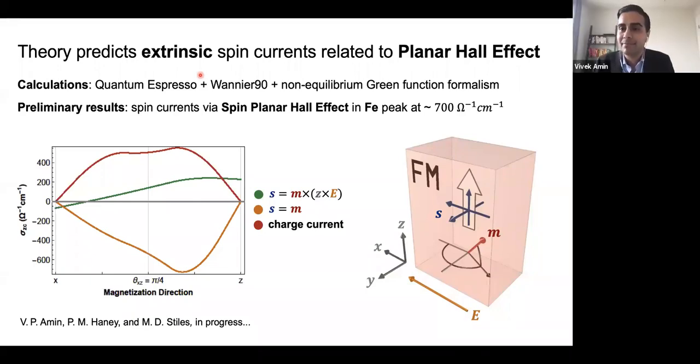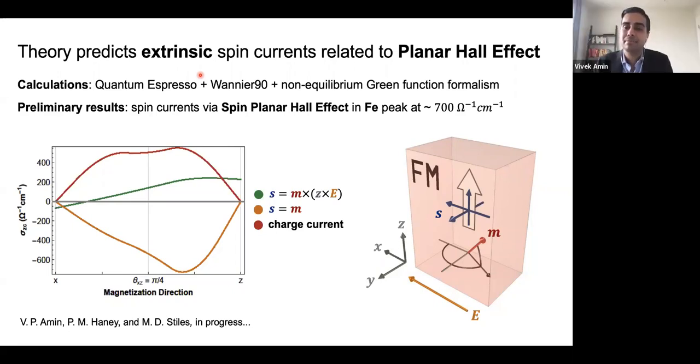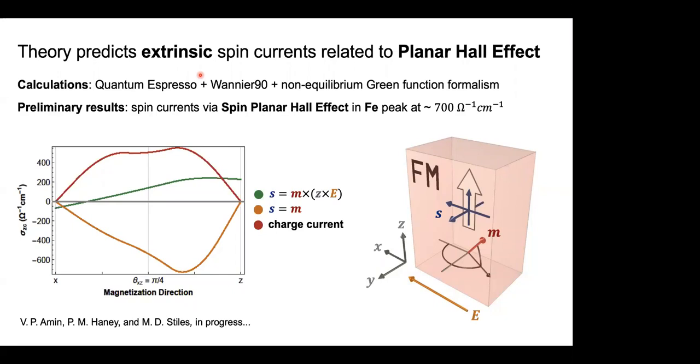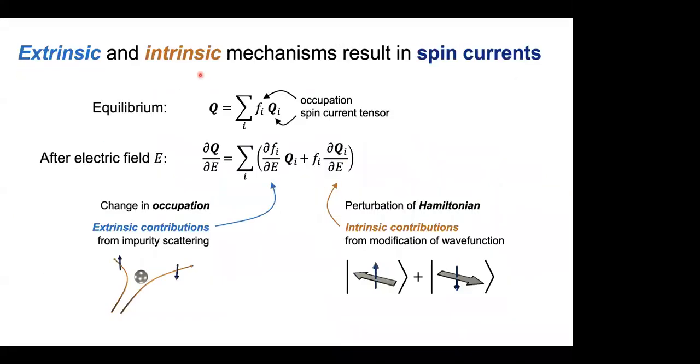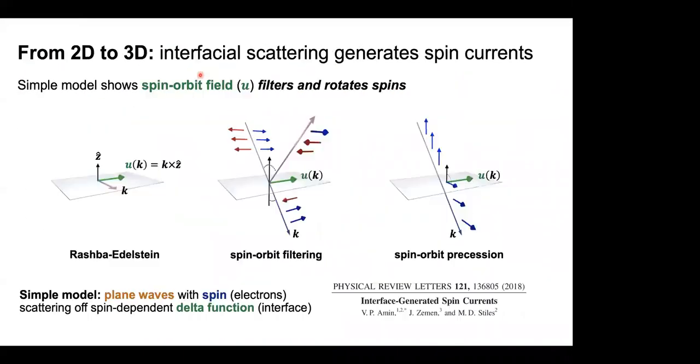Okay, very nice talk. I have a question about the spin orbit filtering effect. So when the unpolarized charge current hits the interface, the transmitted spin current will exert torque on the ferromagnet layer. But the reflected spin current has opposite spin polarization with respect to the transmitted spin current.